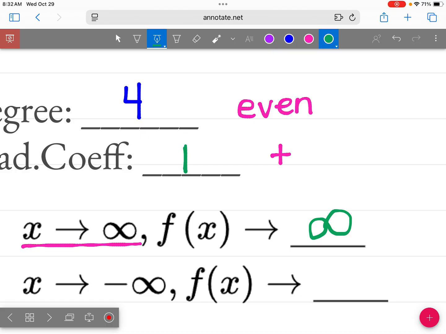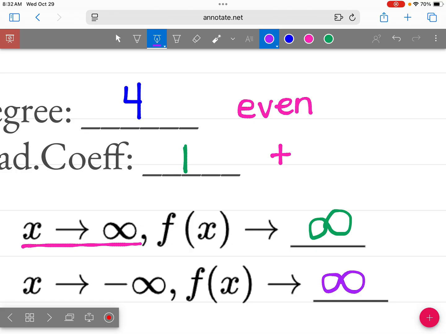No, because evens match, odds are opposite. So since they're matching, which way is my left arrow going to point? Up. They're both pointing up. So our leading coefficient tells us the right arrow. Our evenness versus oddness, so our degree, tells us what happens with the left arrow. This one tells me it's going to match.